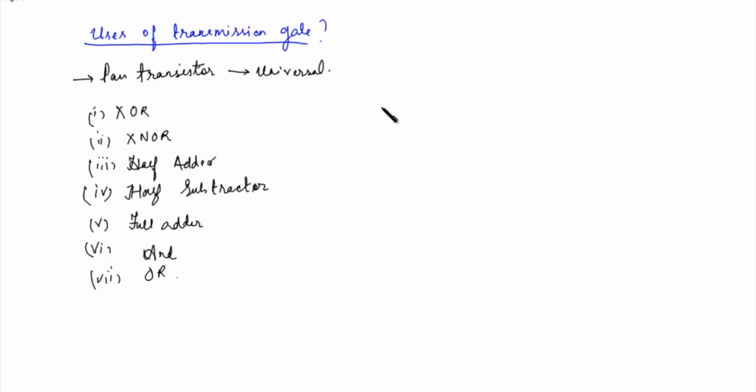You have to keep in mind the truth table of the output. If you know the truth table of the output, then from the truth table you can draw the transmission gate circuit. The detailed description will be given further while drawing these circuits, these gates.